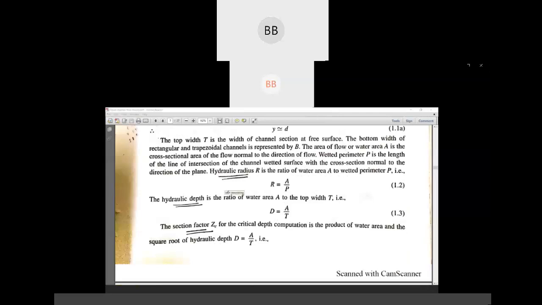Few things you need to remember, or you already know, that hydraulic radius is area by wetted perimeter. Okay. I'm identifying those things because you are going to use them to solve numericals. Those equations: R equal to A by P, that is hydraulic radius, area by wetted perimeter. Hydraulic depth, that we have already discussed, is area by top width.